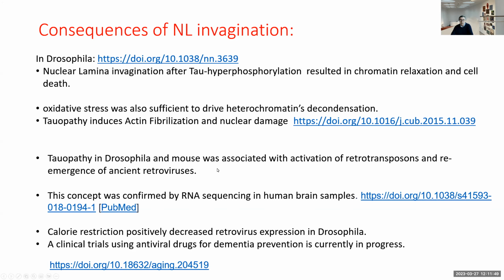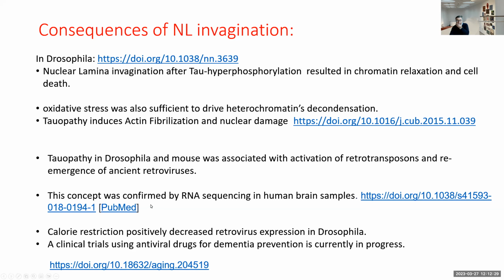This was very interesting, showing that protective mechanisms in the human genome that are usually active and prevent retrotransposon activation are downregulated, partly perhaps due to a decrease in calcium in the nucleus, and this causes activation of retroviruses. So they also looked at human samples, and using RNA sequencing, they showed that these ancient retroviruses and retrotransposon activation does occur in human tissue.